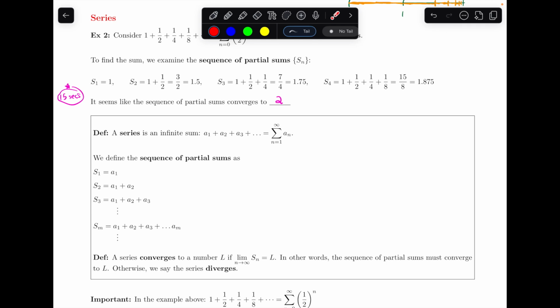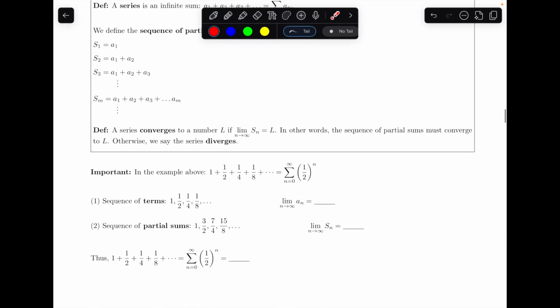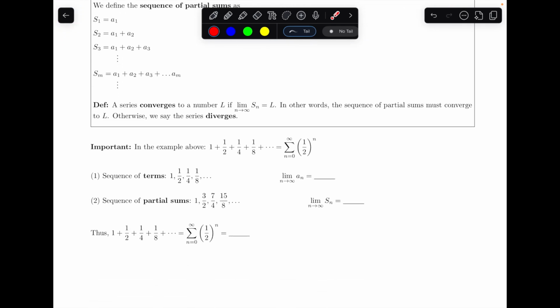Okay, so that's a quick overview, but I want to end the video by briefly looking back at the example we just did and clarifying two key things. If I look at the individual terms that are being added up, just as a list, 1, 1/2, 1/4, 1/8, those terms get smaller and smaller, and their limit in and of itself is 0.